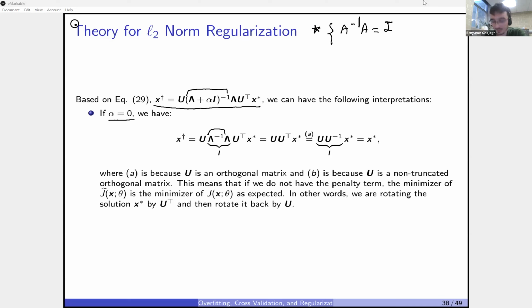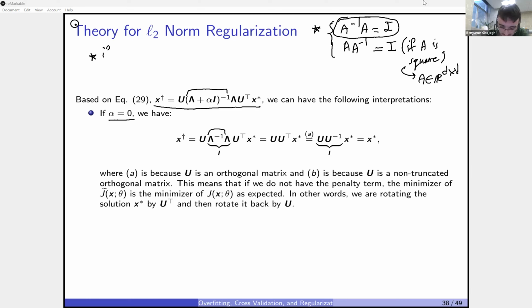But A A inverse is only the identity matrix if A is a square matrix. What do I mean by a square matrix? It means that the number of rows and columns are the same. So A is, for example, D by D. If A is a rectangular matrix, A inverse A is always I, but A A inverse will not be I. It is I only if A is a square matrix. This is true for all matrices.